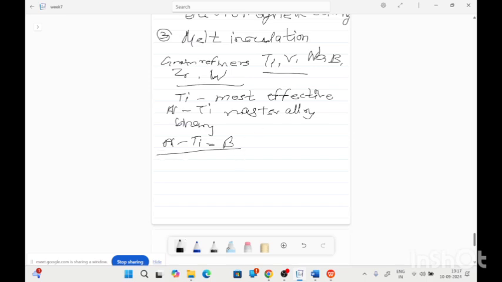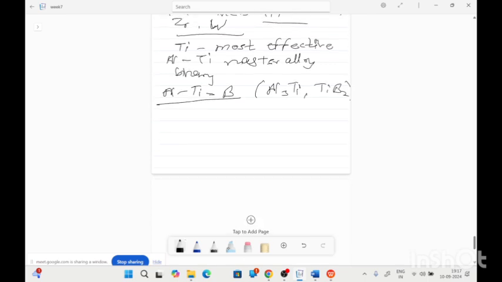The addition of boron provides additional surfaces during the solidification process by forming two types of intermetallic: one is aluminum Al3Ti and the second is TiB2. So this is more effective than the aluminum titanium.